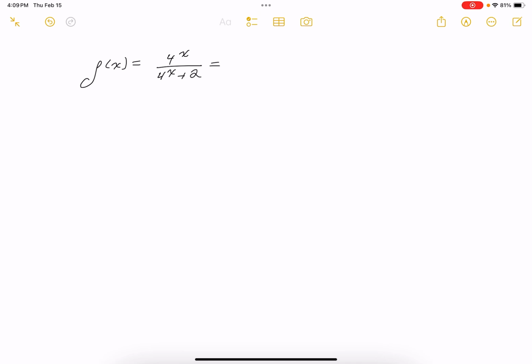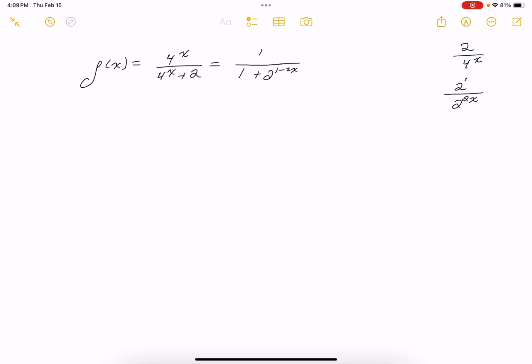You would get 1 on top, and on the bottom you get 1 plus 2 over 4 to the x. Now, I certainly want to reduce that. So you get 2 to the first power over 2 to the 2x, and I'm going to write this as 2 to the 1 minus 2x. By the way, this is easier for me to look at.